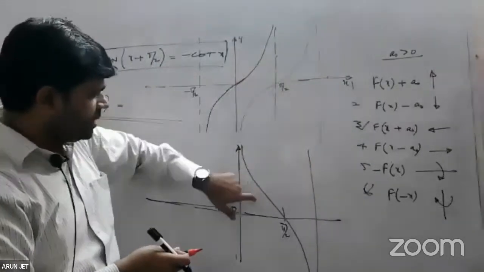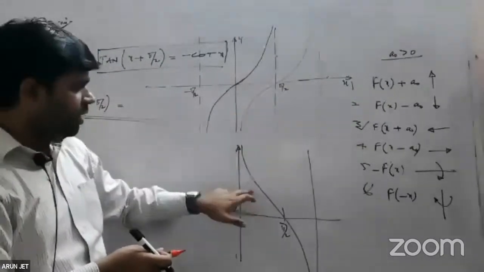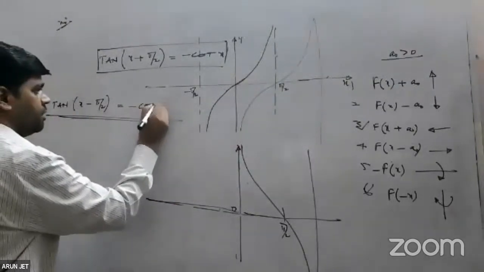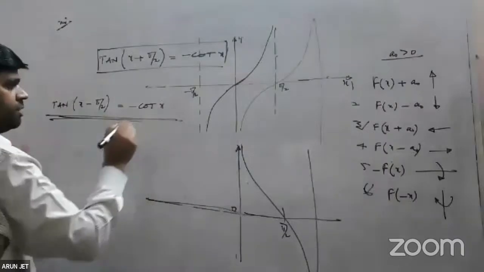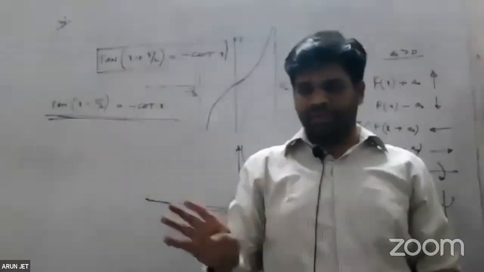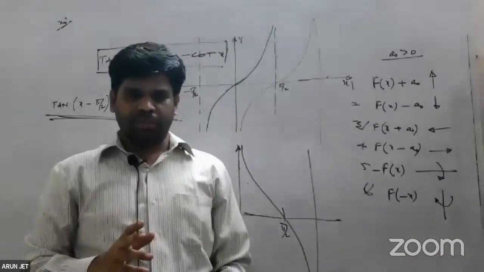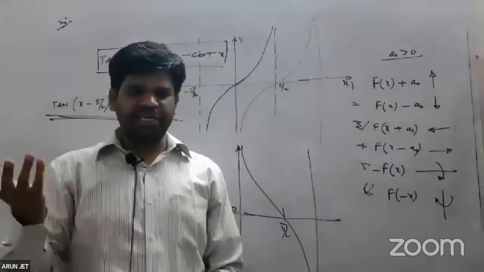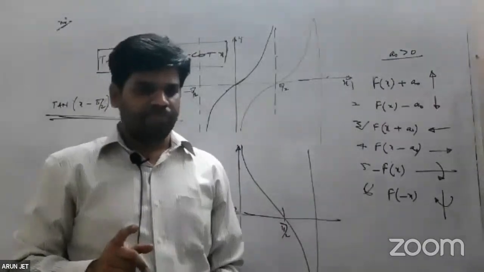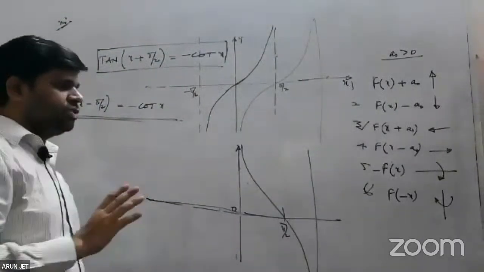If I reflect this, I get this red line. So this is cot, this is minus cot. So tan of x minus pi by 2 is nothing but minus cot x. Pretty simple, right? If you just remember 4 graphs, you're done. What are the 4 graphs? Sine, cos, tan, and cot. Secant and cosecant we use very rarely, but sine and cos we use heavily. So any transformation, if you remember these 4 graphs, you're done.